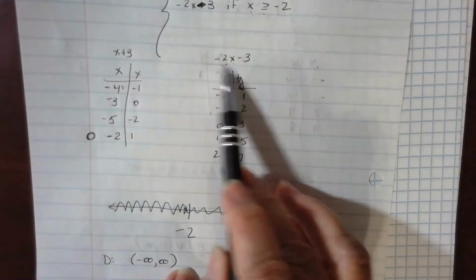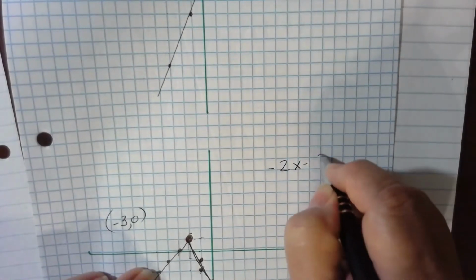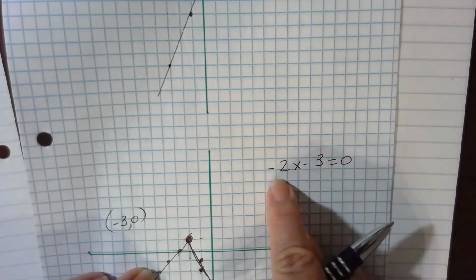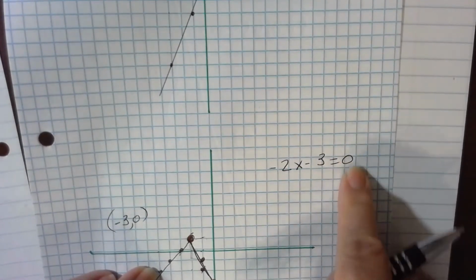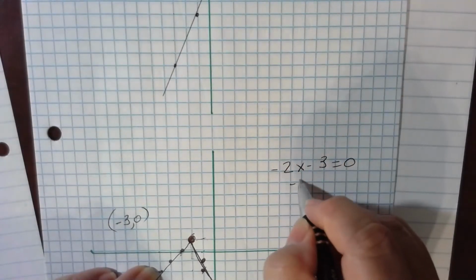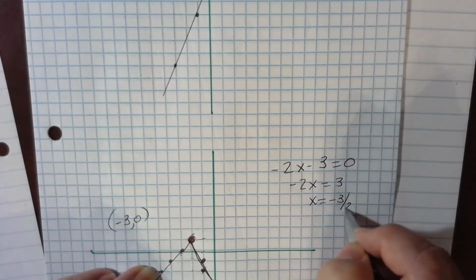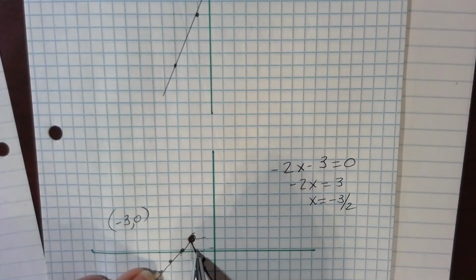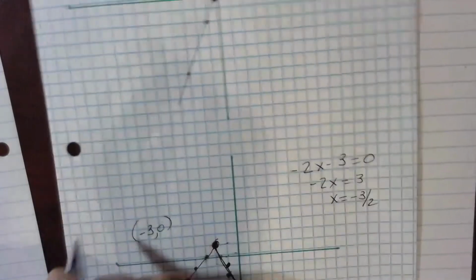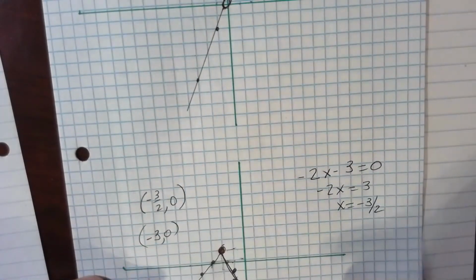The equation for that part of the line was -2x minus 3. So when does -2x minus 3 equal 0? Remember, to find the x-intercept, you let y be 0 and solve for x. So I get -3 halves. -1 1/2. So that's about right there. So that's another x-intercept. -3 halves and 0.